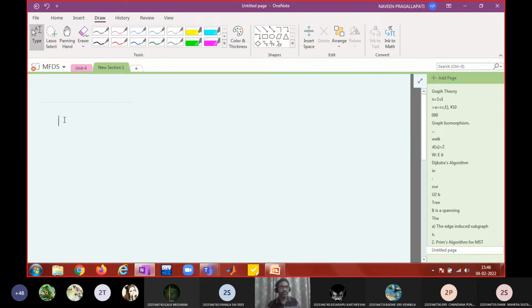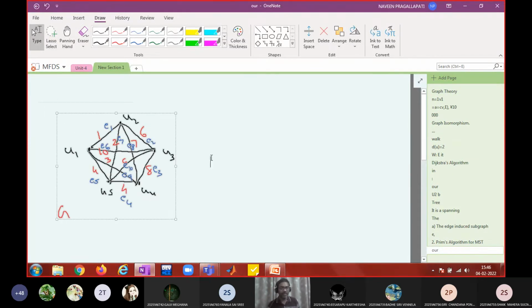Now you have this graph. Now let us apply Prim's algorithm. We can start with any arbitrary vertex. Tell me which vertex you want me to start with. Sir, shall I start with U5? Yes.